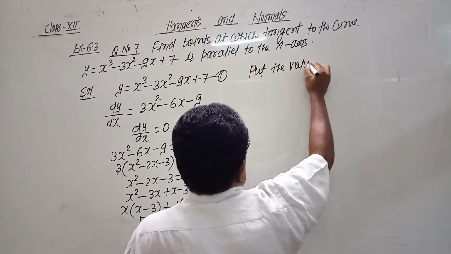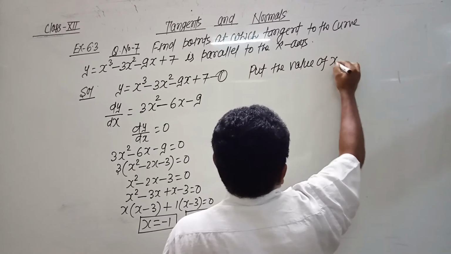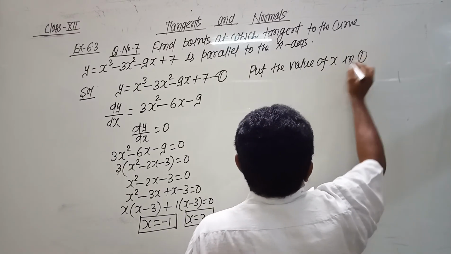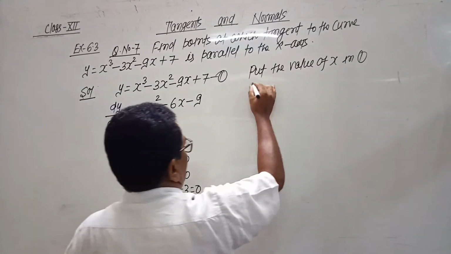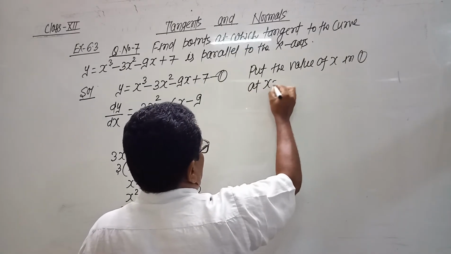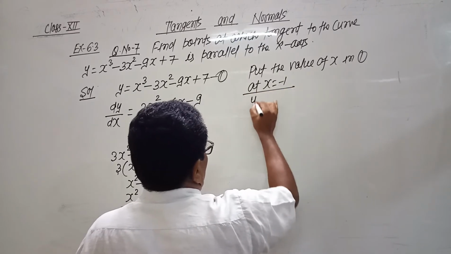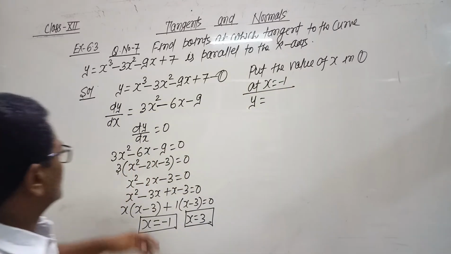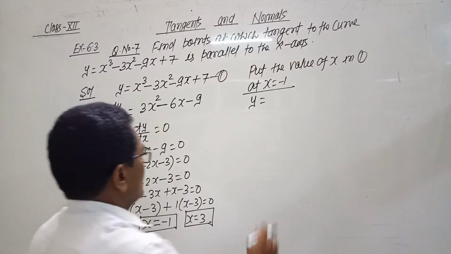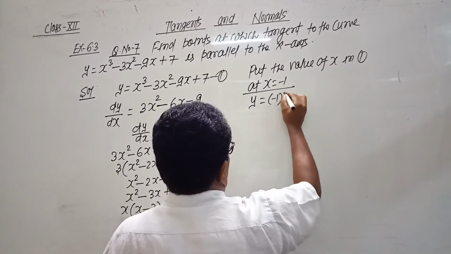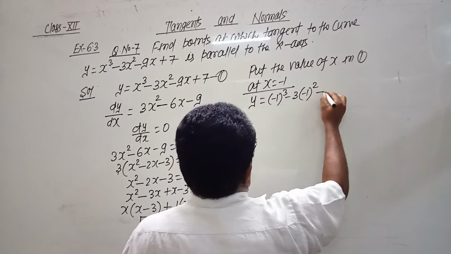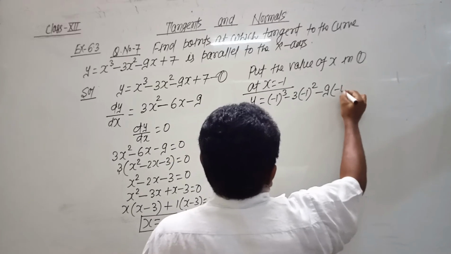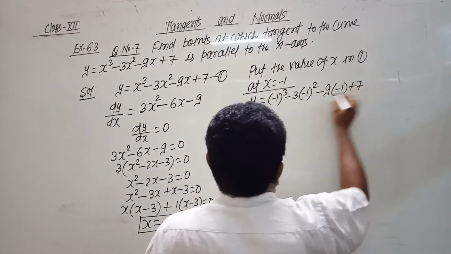Put the value of x in first. So at x equals -1, y equals x cubed minus 3 into (-1) squared minus 9 into (-1) plus 7.